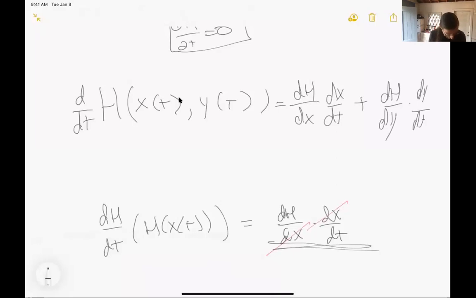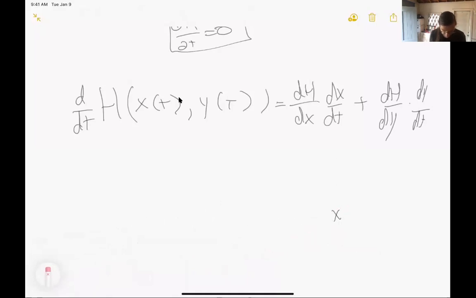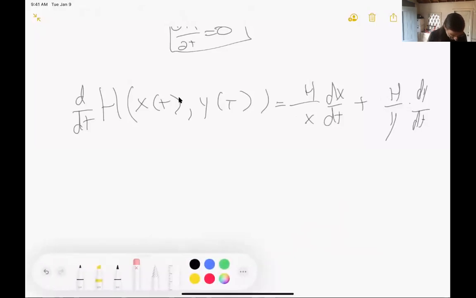But now we have to be a little bit careful, because the notation's a little bit off: h is a function of both x and y. So now we're talking about a partial derivative. Instead of the d operator, I should be writing the partial operator.